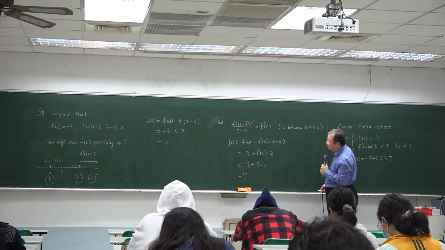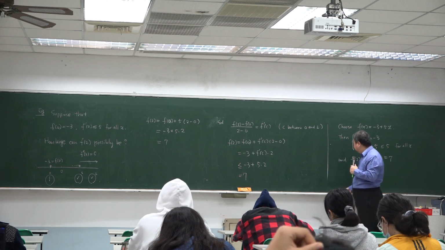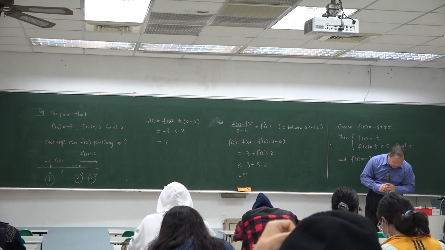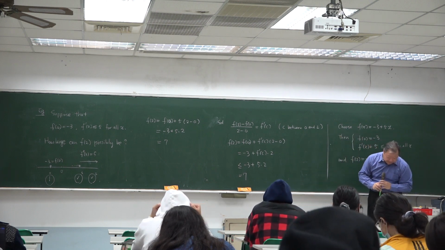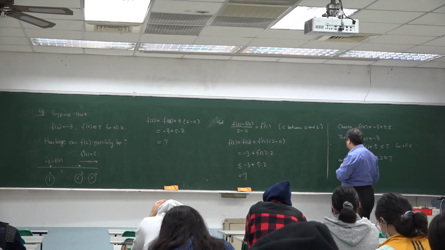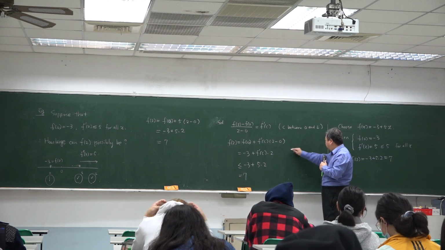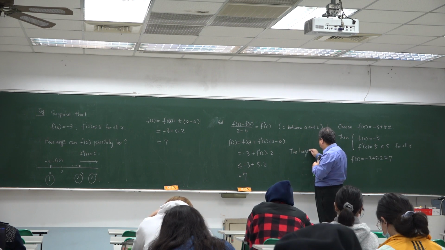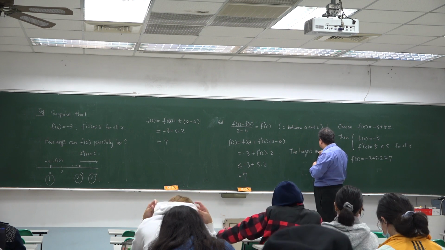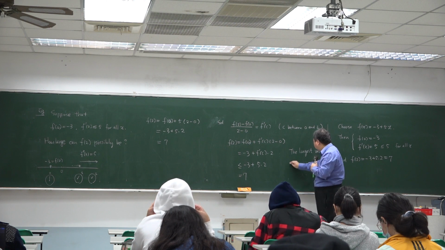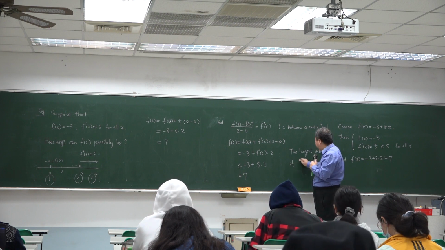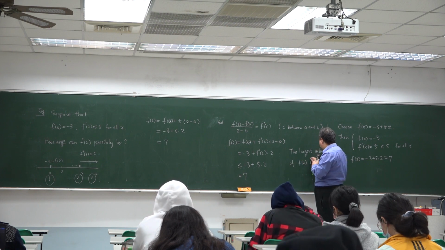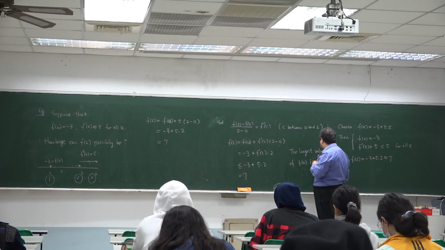So how large can f(2) possibly be? The largest value of f at 2 is the number 7.